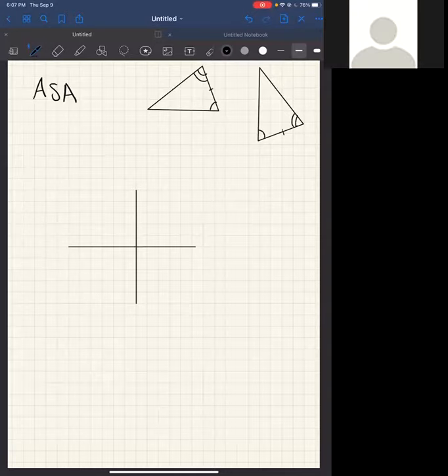So again, for this example, we're going to do the triangle that looks like this with the 90 degrees here, and then these would be 45-degree angles, and we have 4, 4, 4. And then again, we can do the triangle that looks like this, with a 4 and a 4, a right angle, and a 45-degree.